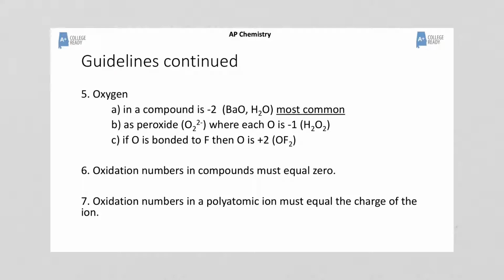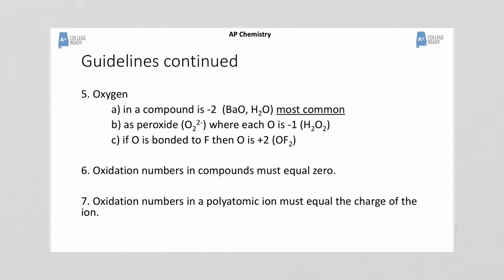There are a few cases where it will not, and you will probably see at some point hydrogen peroxide, H2O2. This is a case where oxygen exists as a 2- ion, but it's actually 2 atoms bonded together. So if you split it apart, each individual oxygen in peroxide would be -1. If each hydrogen's +1, each oxygen there would have to be -1.